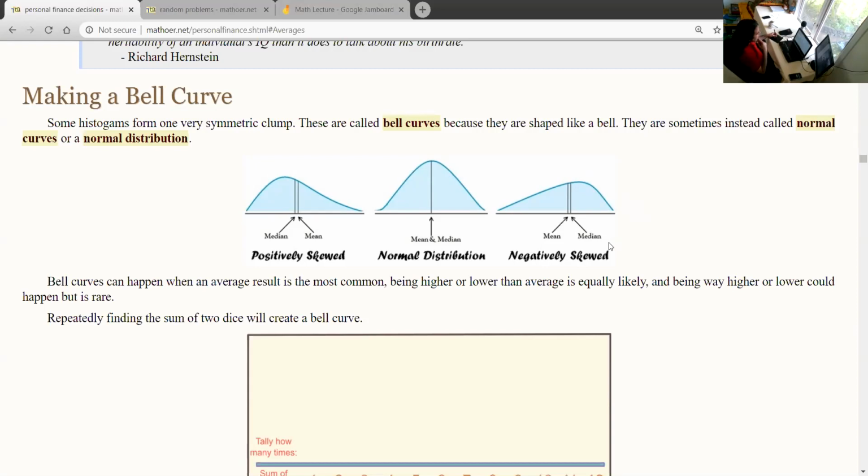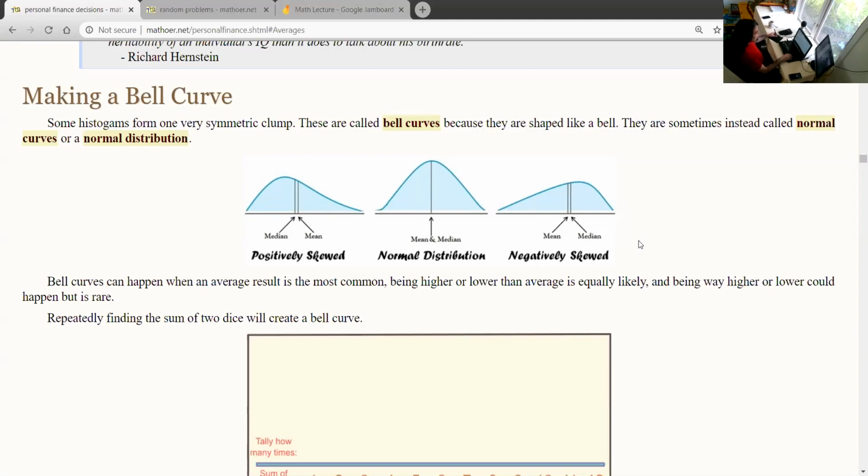So bell curves can happen when there's an average result that's the most common, and being higher or lower than average is pretty much equally likely. Being way higher or lower than average is always rare. Even on the skewed cases, the extremes on the far right and far left are almost zero. That makes sense?